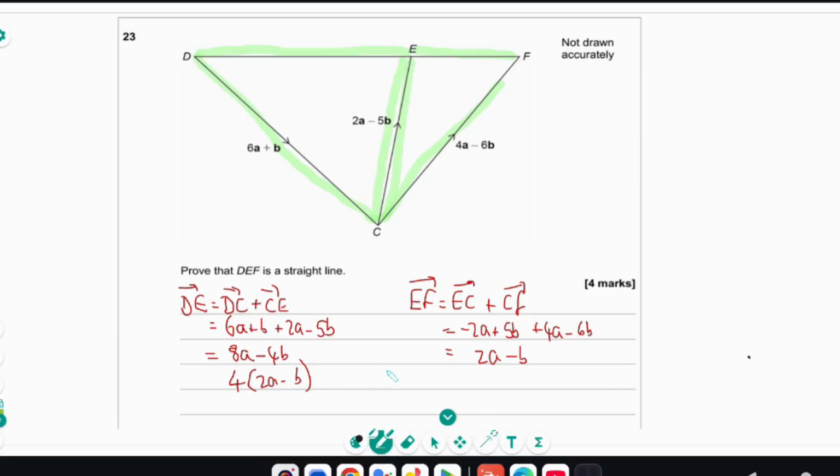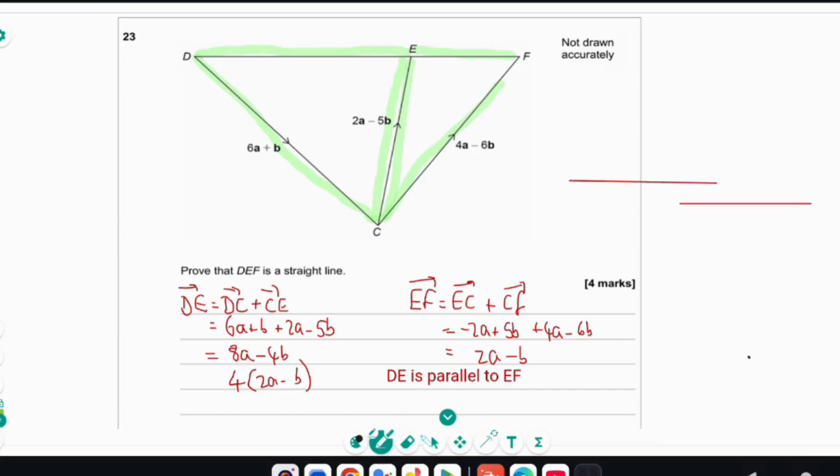So DE is parallel to EF. So to prove that DEF is a straight line, we've shown that DE and EF are parallel. So obviously any lines that are parallel must be at the same gradient.